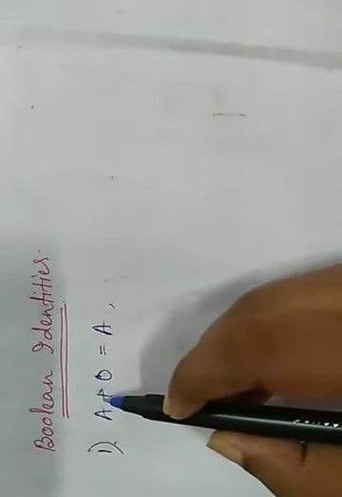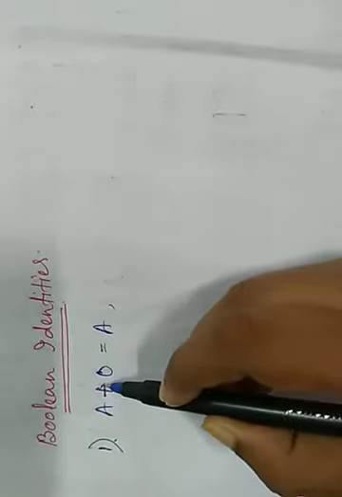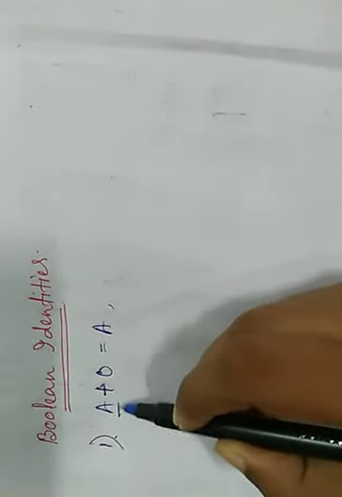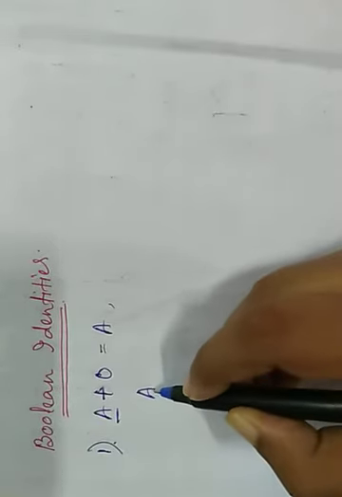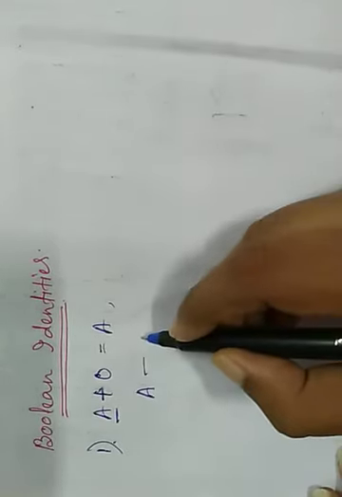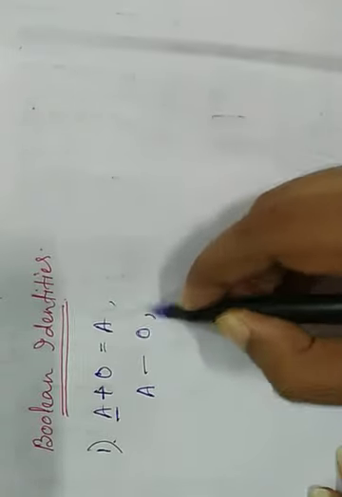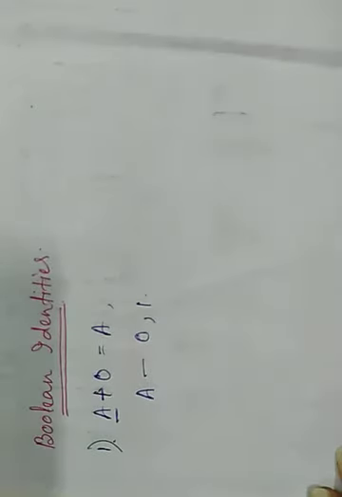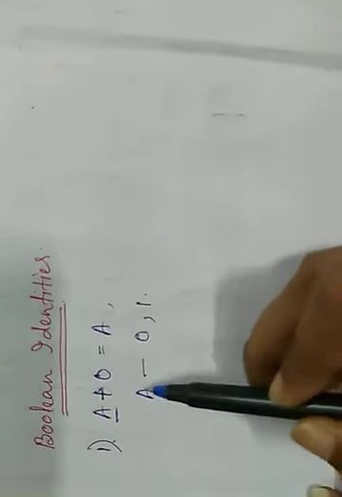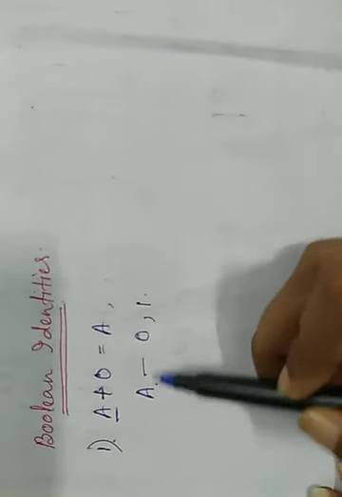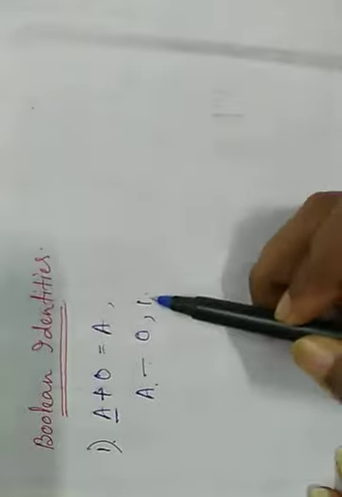We know that this is an OR operation, and a is any variable. For any single Boolean variable, there must be two values, either 0 or 1. There cannot be any other values except 0 and 1. So the value of a must be either 0 or 1.